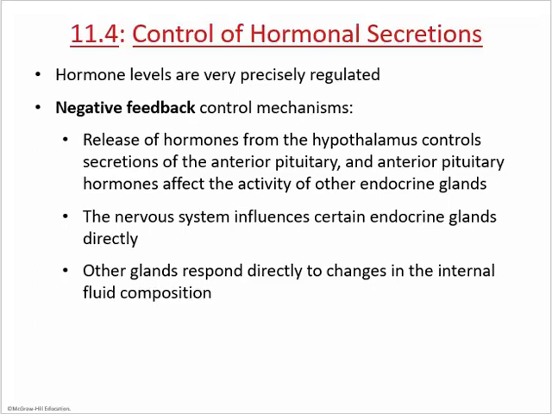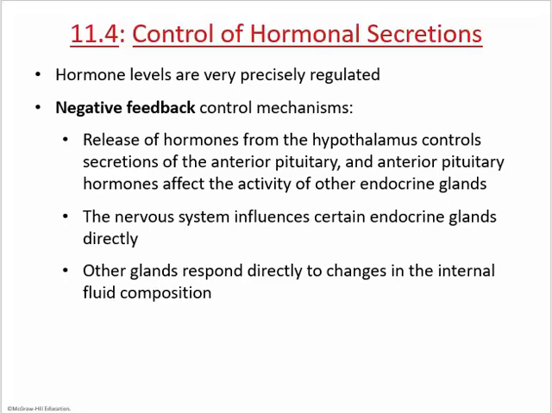We're going to see that there's a chain of events. There are hormones in the hypothalamus, and they control hormone release of the pituitary gland. The anterior pituitary gland hormones target other endocrine glands, which then release their hormones. So, for instance, thyrotropin releasing hormone in the hypothalamus causes the pituitary to secrete thyroid stimulating hormone, which stimulates the thyroid to release the thyroid hormones.